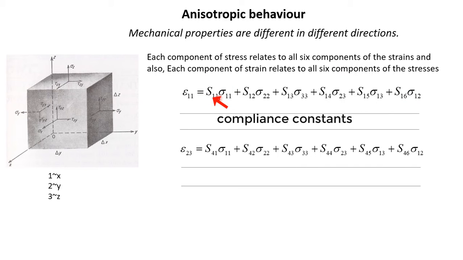And these are the stresses. Sigma 11 is basically sigma xx, sigma 22 is sigma yy, and so on. These are the shear stresses. So for this strain in the x direction, there is a contribution from the extensional stresses as well as from the shear stresses. And this is the equation written.